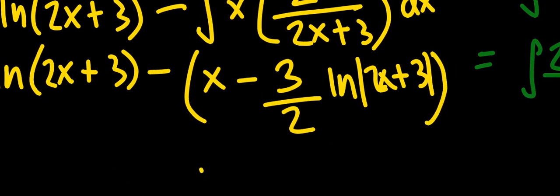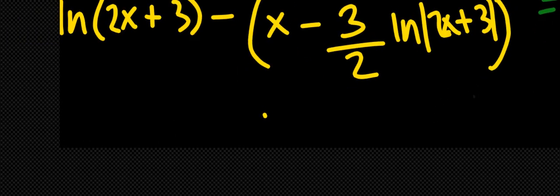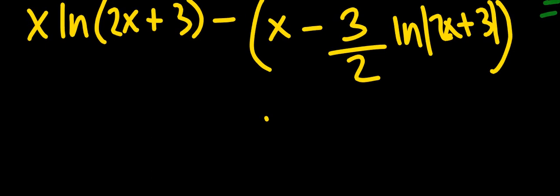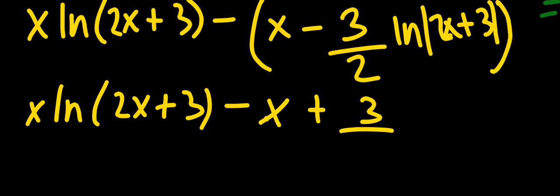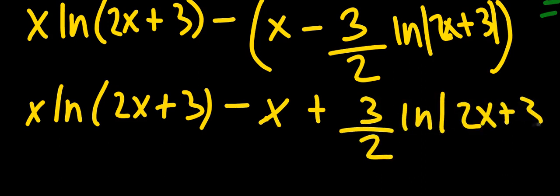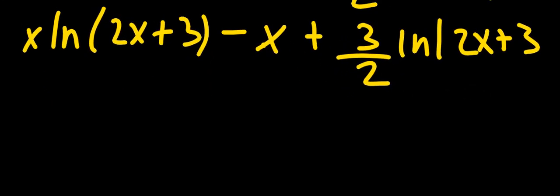Okay, now we're just going to simplify. So here we're going to distribute our minus signs, right? And so it will be minus x plus 3 over 2 ln of 2x plus 3. And we have a common factor, which is ln of 2x plus 3. So we're going to bring those together.